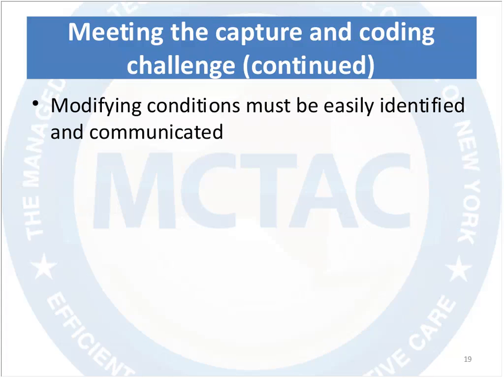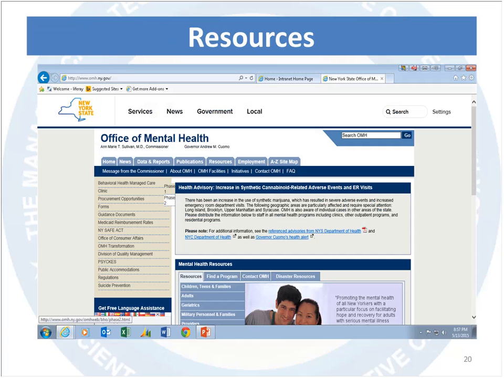And then, again, modifying conditions. I don't want to keep harping on that, but it's the easiest thing to not have captured accurately. It is an additional step in the process, and it needs to be a seamless part of that process.